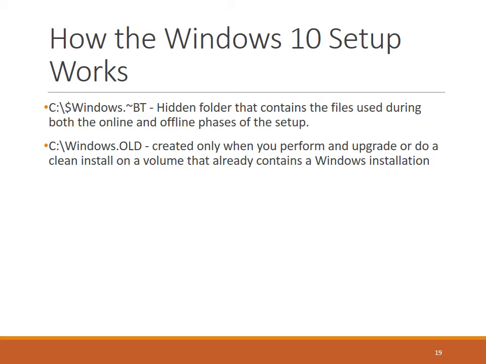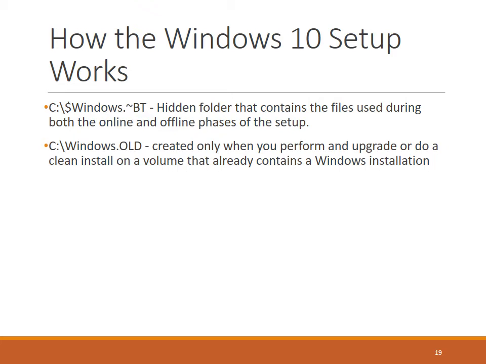The reason this folder gets created in the offline phases of setup and not just the online one is because it wants to protect your operating system installation in the event that the installation media gets removed during the setup. So say you've got a USB flash drive in there that's installing Windows, and then you accidentally unplug it, well, the Windows installation will keep on chugging.